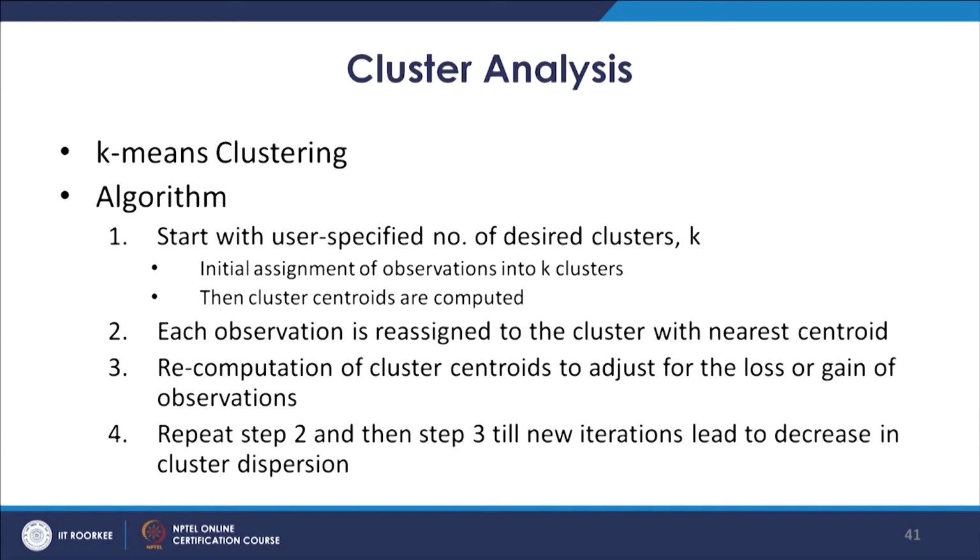In this step, each observation is reassigned to the cluster with the nearest centroid. Now all the observations have been initialized to one of the k clusters, and we have computed the cluster centroids, so each observation can be reassigned.